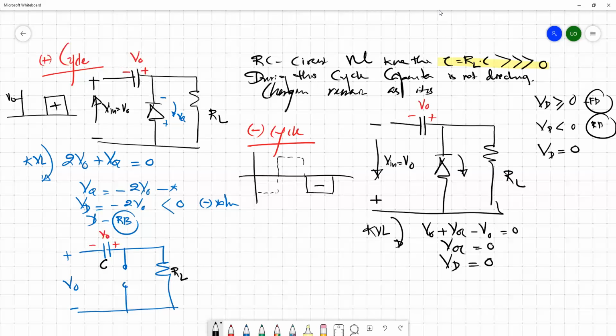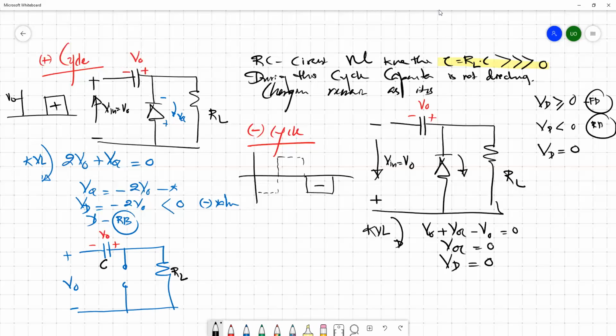So at this situation, we can simply claim that, depending on the previous step, 0 is the switching point. So someone can argue VD greater than 0 means forward bias, VD less than or equal to 0 means reverse bias. So both situations are possible with the previous step.